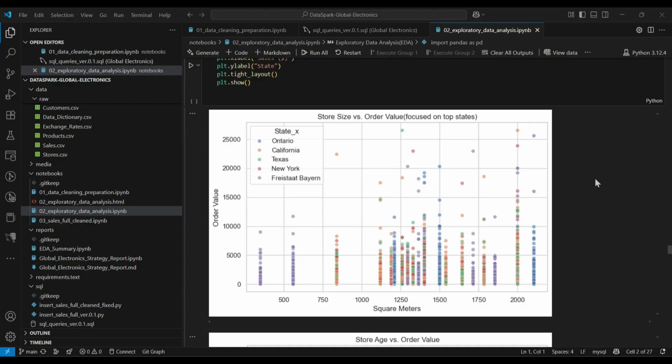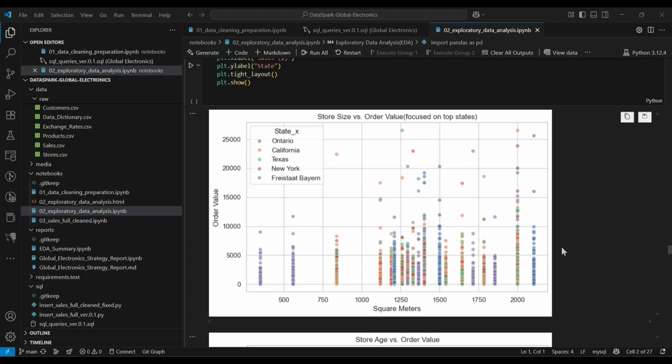Insight: larger stores generally host higher value orders, but the relationship is not strongly linear. Observation: states like California, Ontario, and Freistaat have multiple stores above 1500 square meters with scattered high-value transactions.